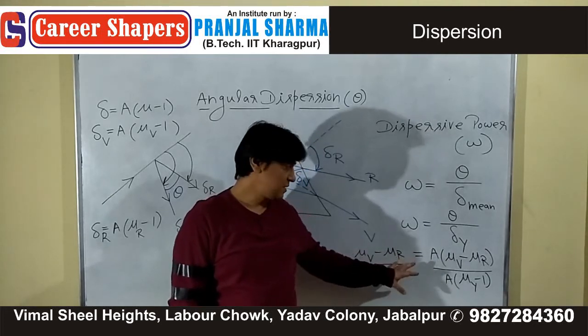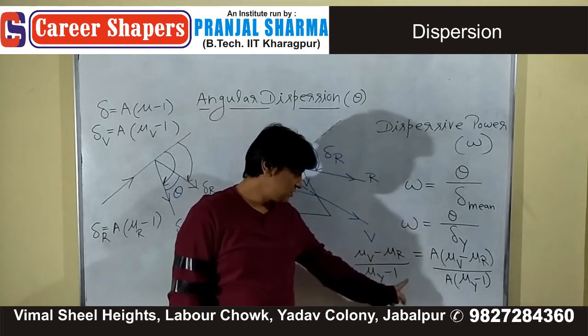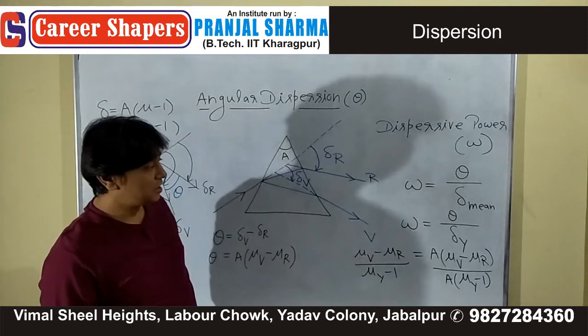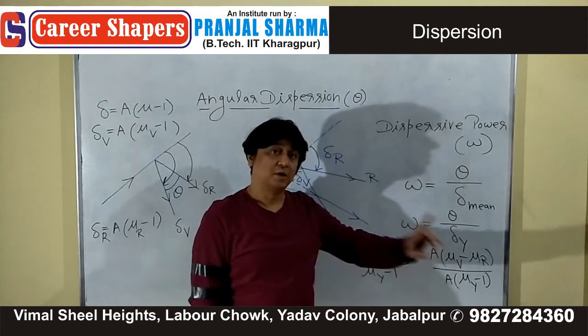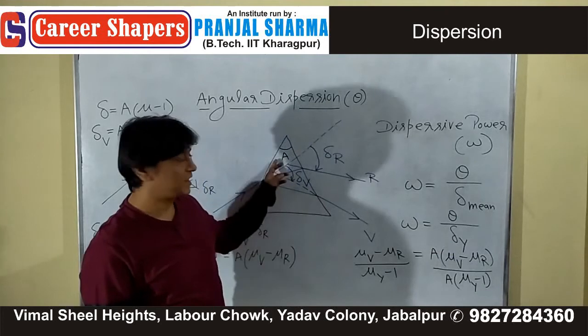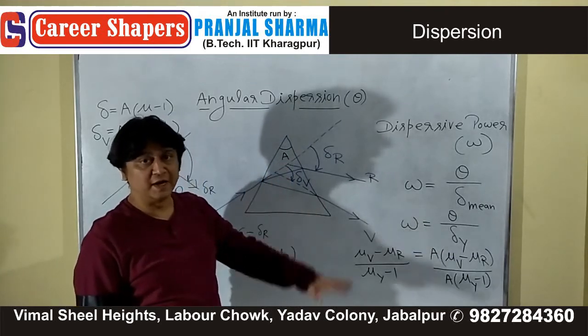Now you can see that dispersive power has nothing to do with the angle of prism. Angular dispersion depends on the angle of prism. But dispersive power is something which is independent of the angle of prism. It only depends on the medium.